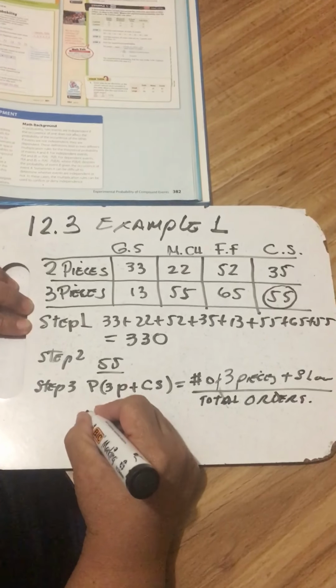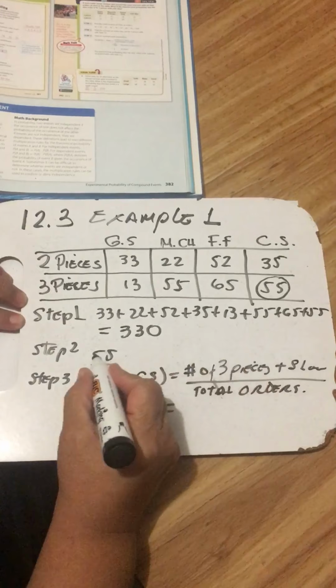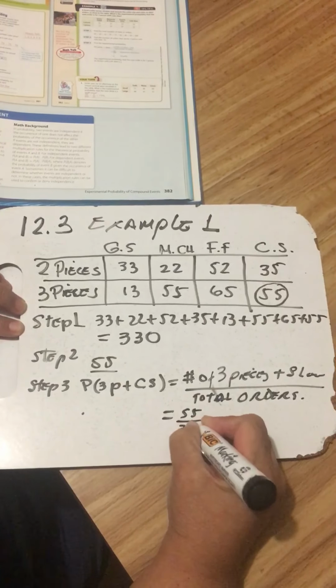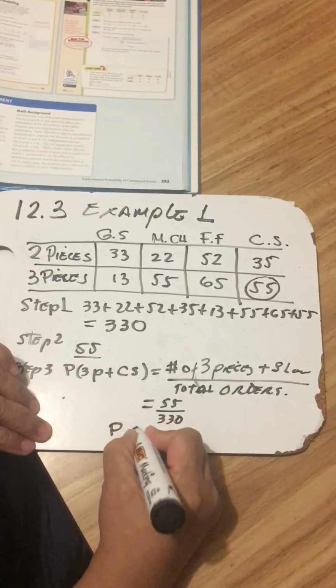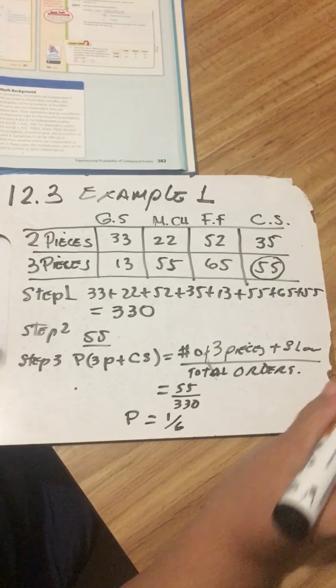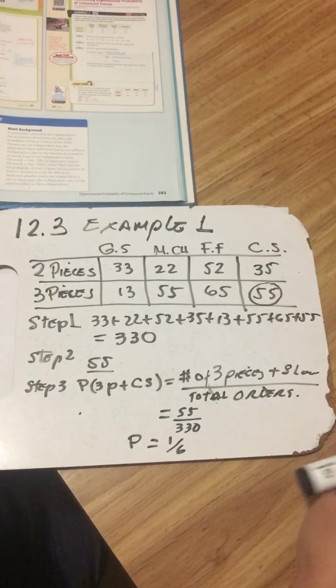Then the number of 3 pieces and coleslaw is going to be 55. The total is going to be 330. Then we simplify this number and we obtain the probability is going to be 1/6. Okay? Then you can answer your turn on page 382.